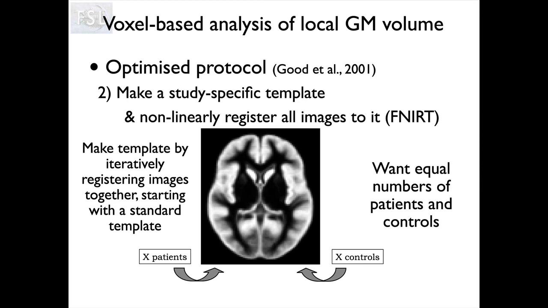So we specifically make something which is tailored to that study, and in order to make it fair, if we're doing a group comparison, we want an equal number of subjects from the different groups that comprise this study. So if we're doing patients and controls, we want to make sure that we've got an equal number of patients and controls contributing to making this template. That doesn't mean that we can only analyze those.